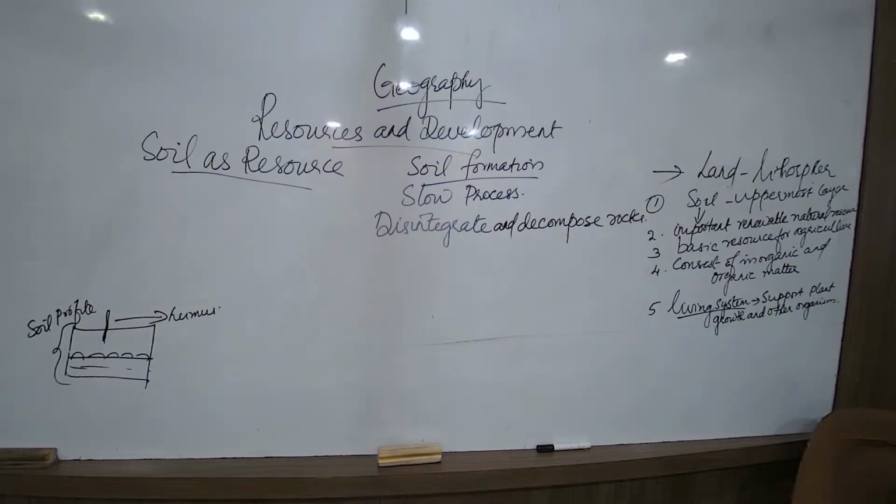You can write in bracket: salinity, alkalinity, formation of humus.